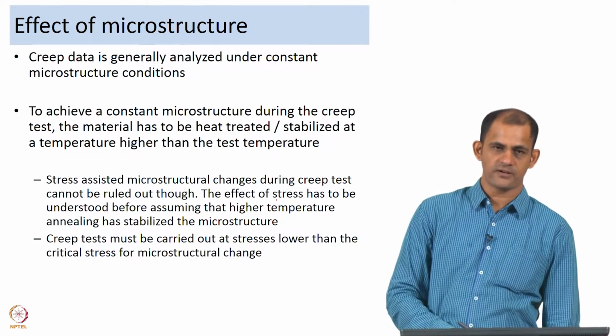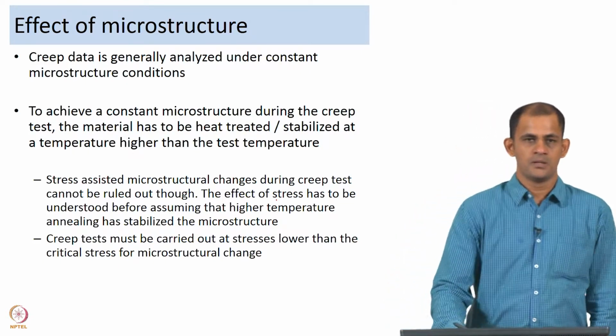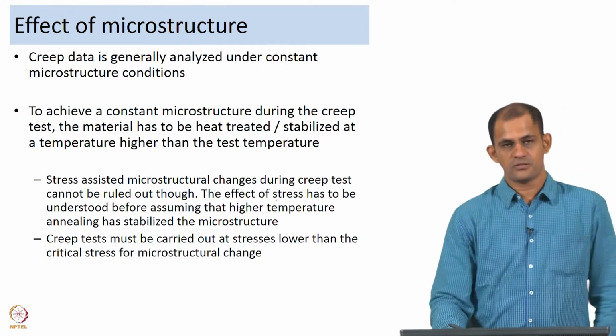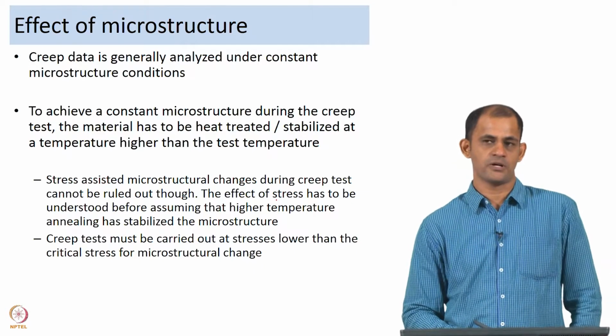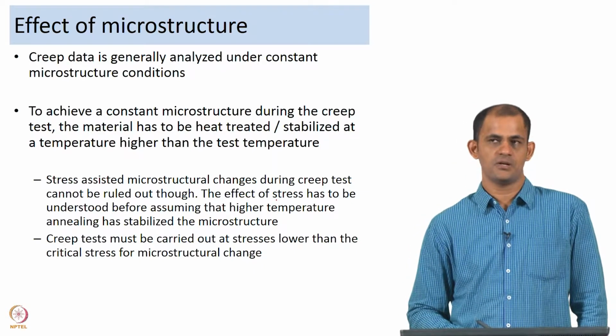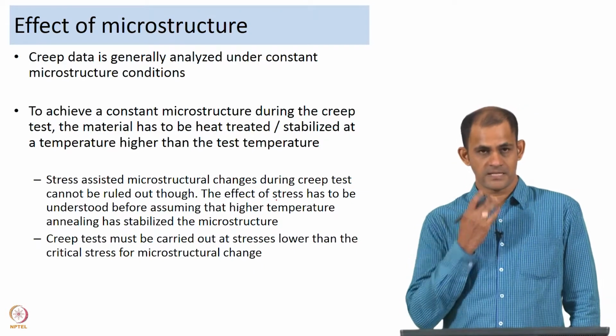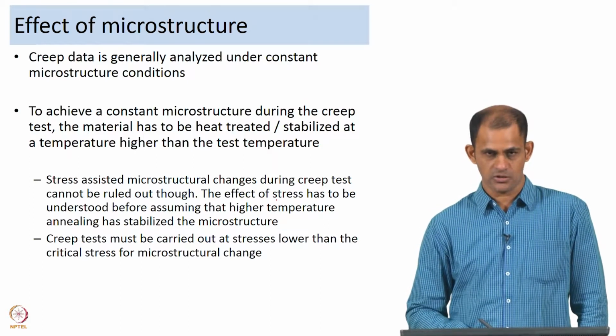Now, let us look at the effect of microstructure. One thing to remember is that when you are obtaining creep data in order to predict the life of a material or the life of a component, it is important that the microstructure stays constant.